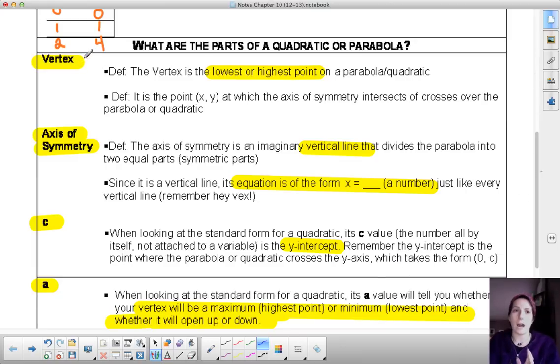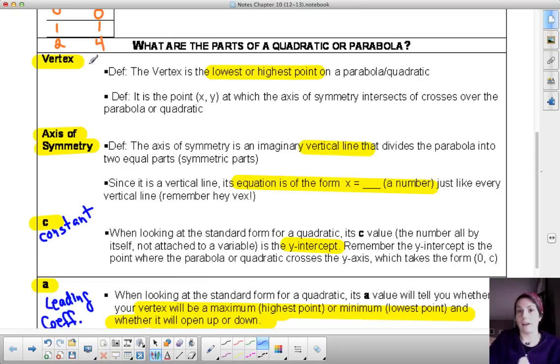So we're going to talk today about the vertex, the axis of symmetry, the constant, and the a value, or the leading coefficient. Again, I really do want you to read about this, so pause it and read it, because I'm going to assume that you've done that when I move forward. So pause and read.